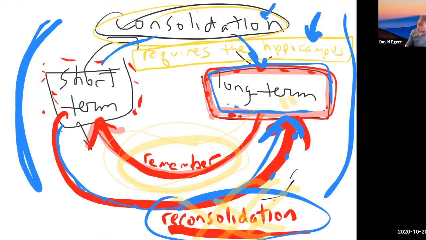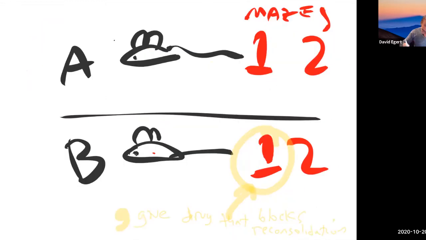So after this has happened, they lose the ability to do maze 1. And they still remember maze 2 just fine. You put them in maze 2, they can do it fine. You put them in maze 1 and they're like, oh, I don't remember how to do this.